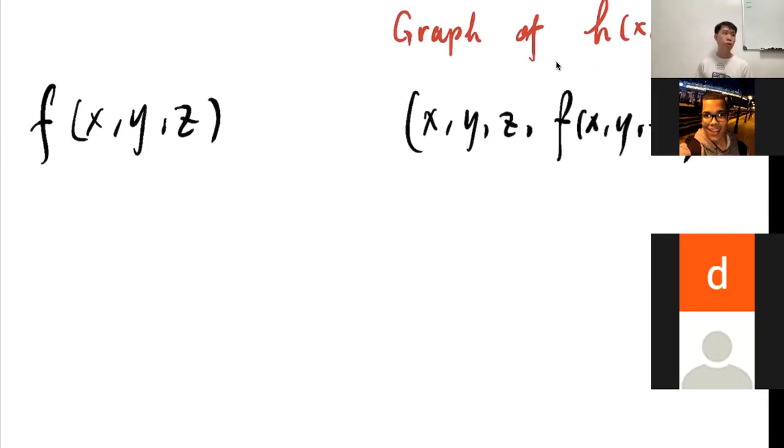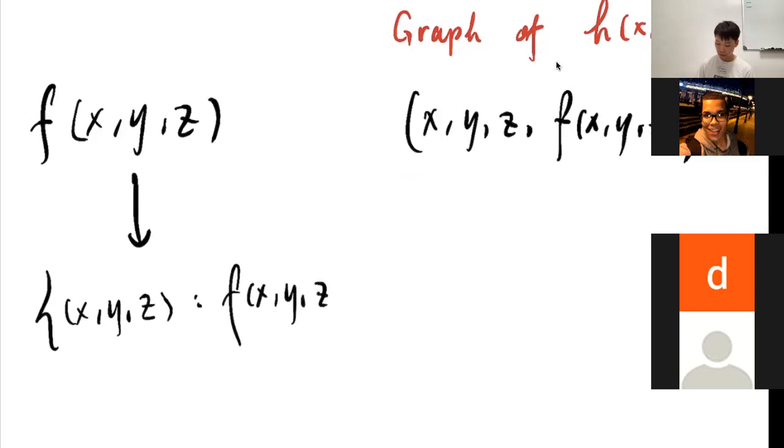There is no easy way to visualize a four-dimensional Euclidean space. You can't visualize what the graph looks like. However, what you can do is look at the level surfaces, and see what these level surfaces look like in three-dimensional space. So you would have some idea of how the graph looks.